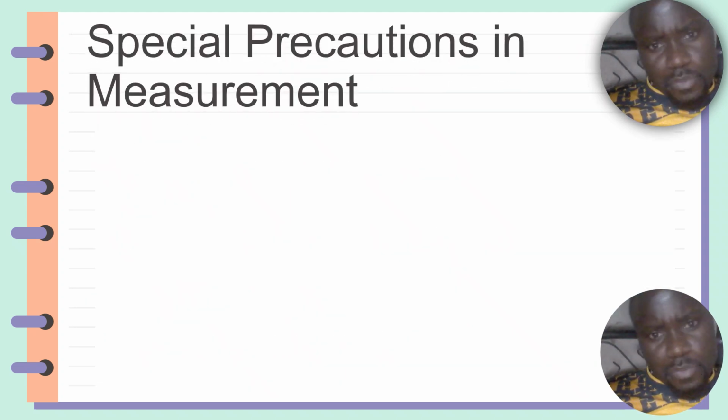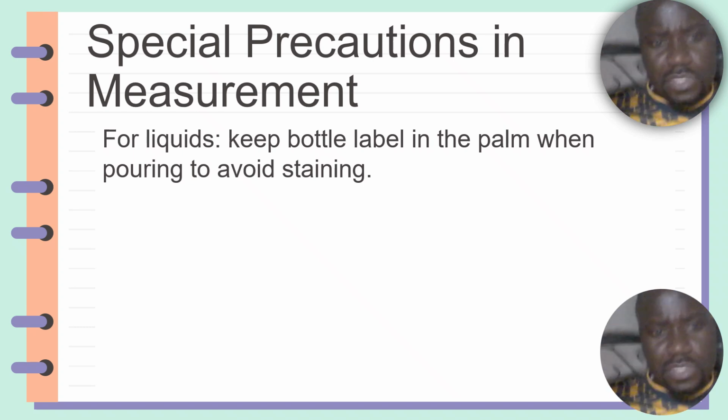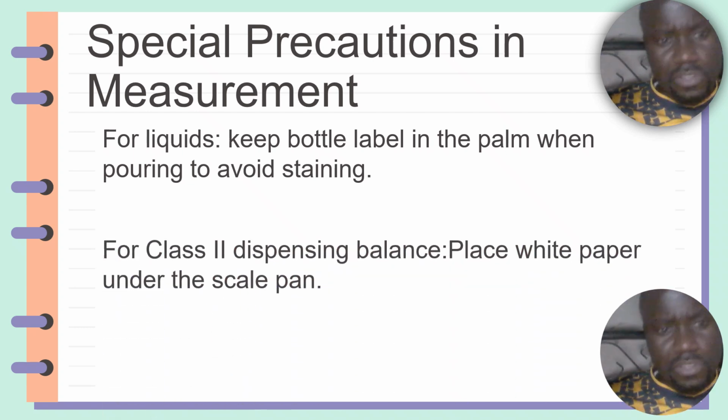Special precautions in measurements: if it's fluids we are dealing with, we keep the label away from the weighing station, or we keep it in the palm, so that should there be any spillage, we will not have staining of the label.